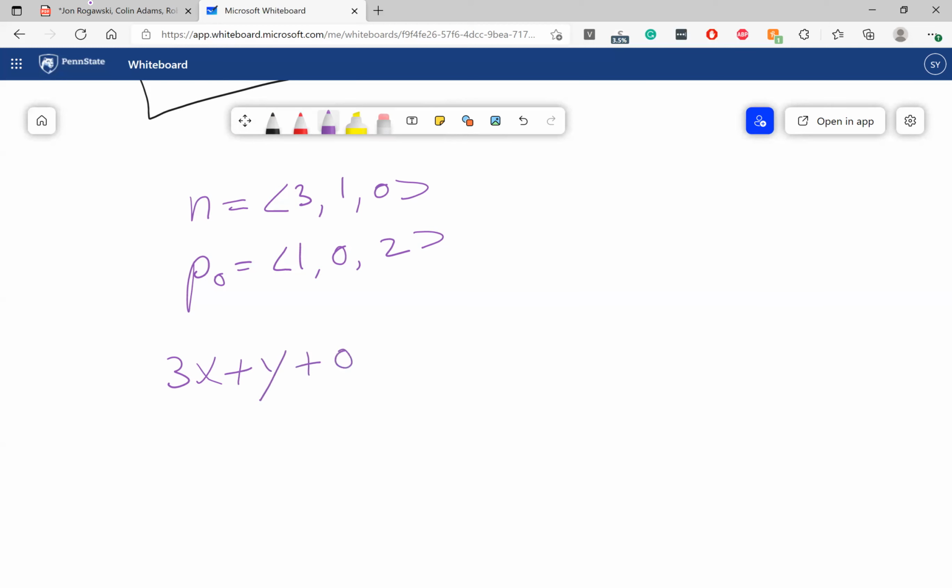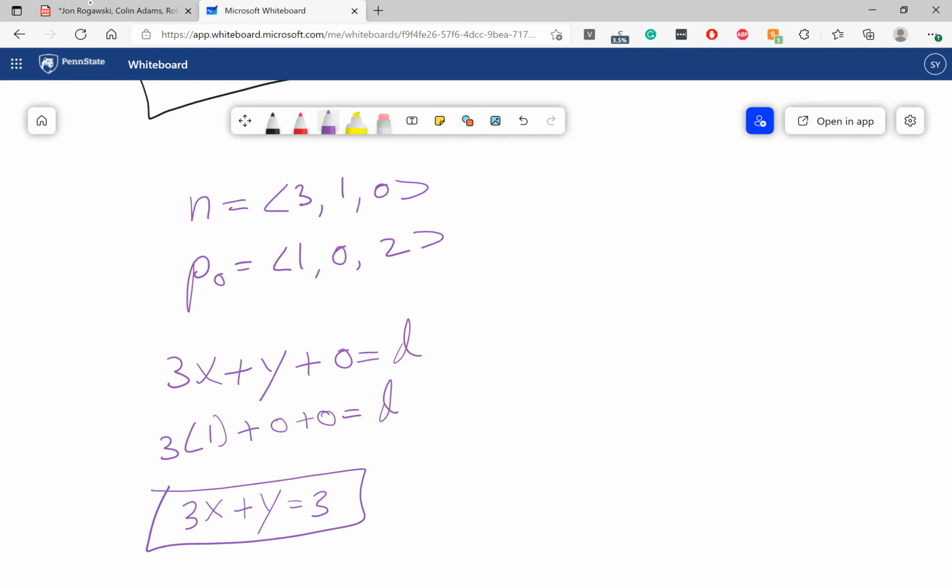plus 0z is equal to D. So now we just need to find D. So this tells us 3 times 1 plus 0 plus 0 is equal to D. So the equation of our plane will be 3x plus y is equal to 3.